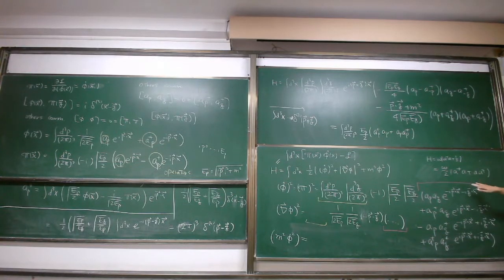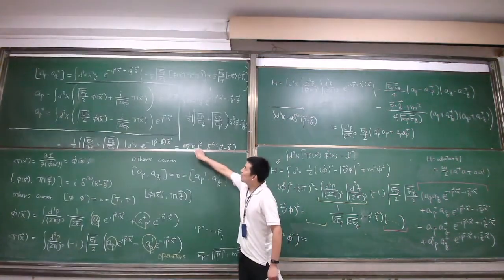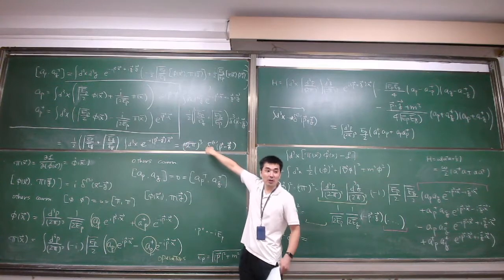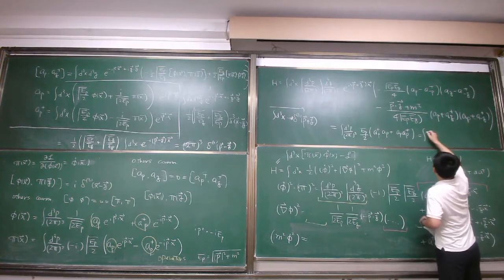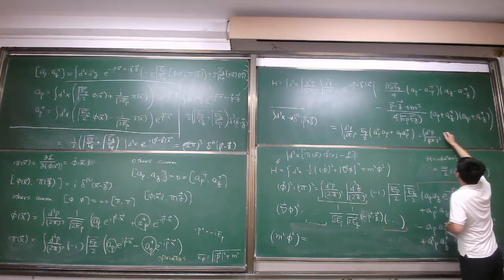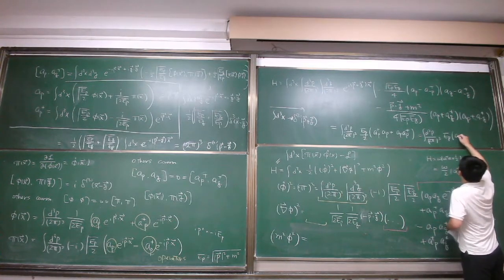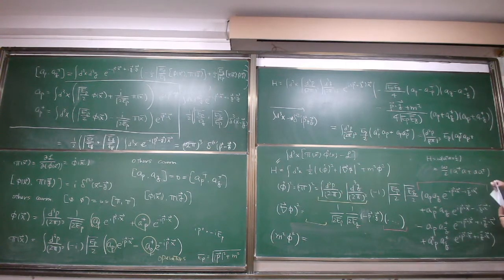Then we know that the commutation relation of a and a dagger will give you a delta function. That we know. Okay? So now this is equal to d cube p, pi or q, that one, 1/2, 0.